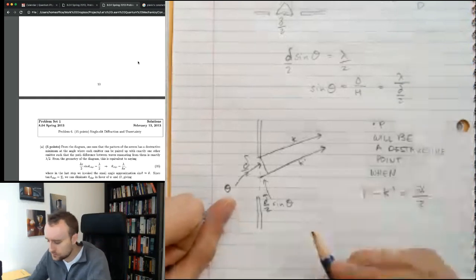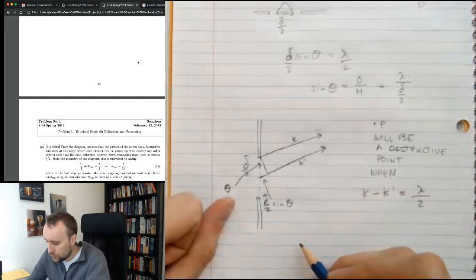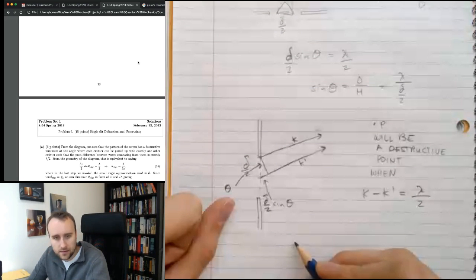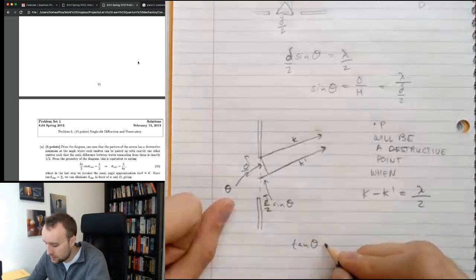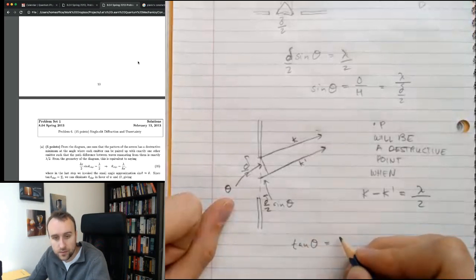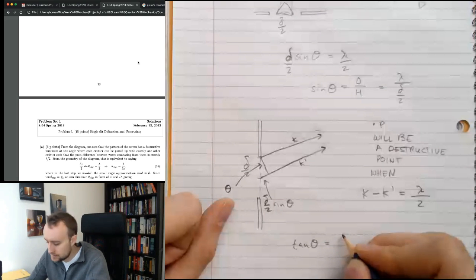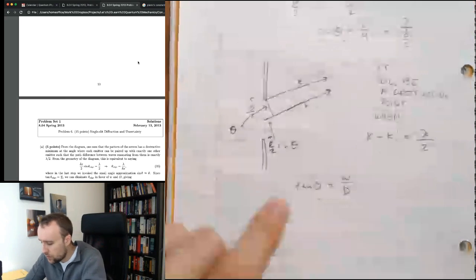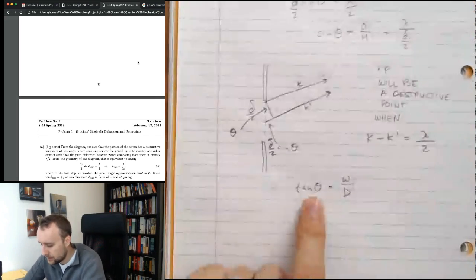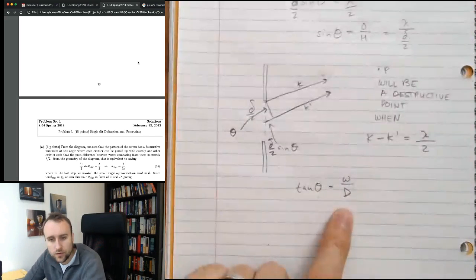This now, what is this, tan theta edge is equal to, so why is this tan theta over WD?